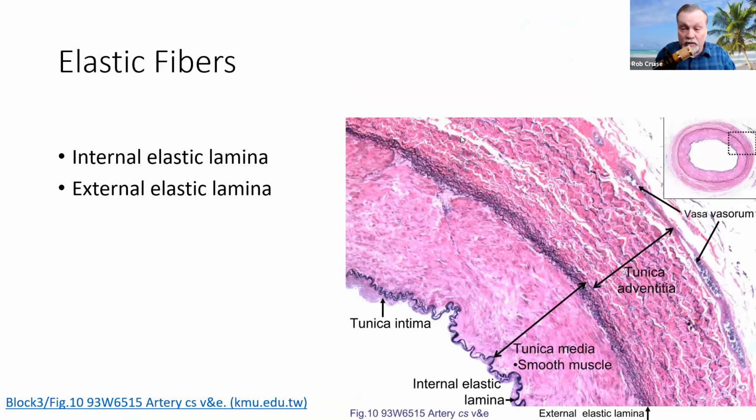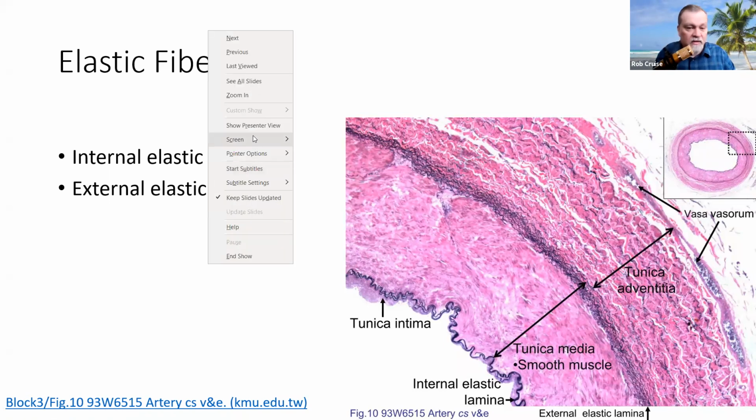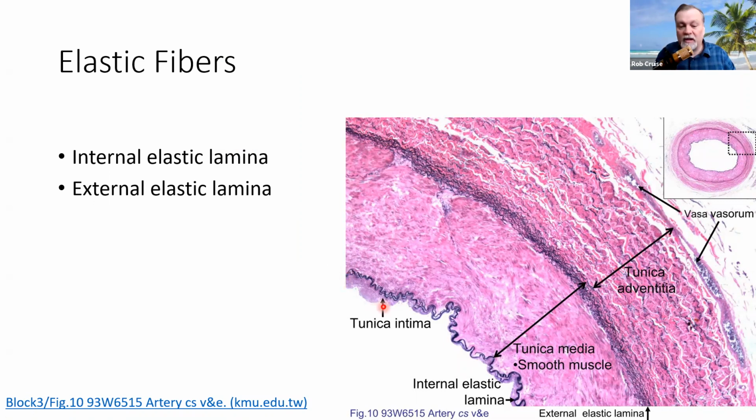Elastic fibers are important in our exam today, the angioplasty. So let's take a look at what we have. All right, so we have the tunica intima, the cells that touch the lumen or interface with the lumen. Then this squiggly line right here helps maintain the shape of the blood vessel.